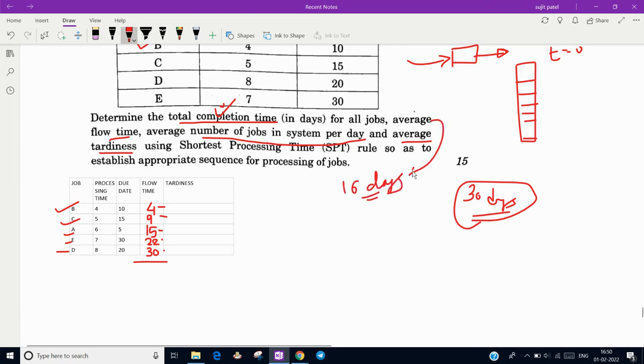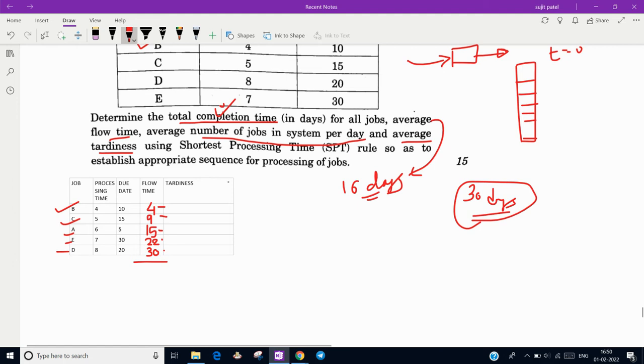Okay, and the number of jobs in the system per day. In 30 days there are 5 jobs. So the number of jobs in the system per day will be 5 by 30.